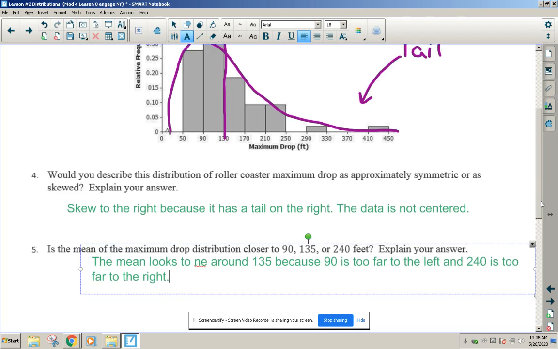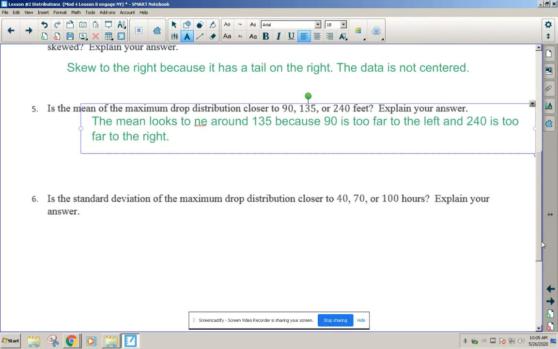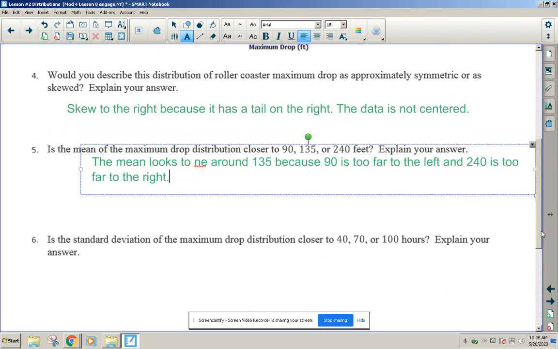So right now we're just looking at these pictures and analyzing what we would think. Number 6, is the standard deviation of the maximum drop closer to 40, 70, or 100? Well, like I said, each bar looks to be about a length of 40.